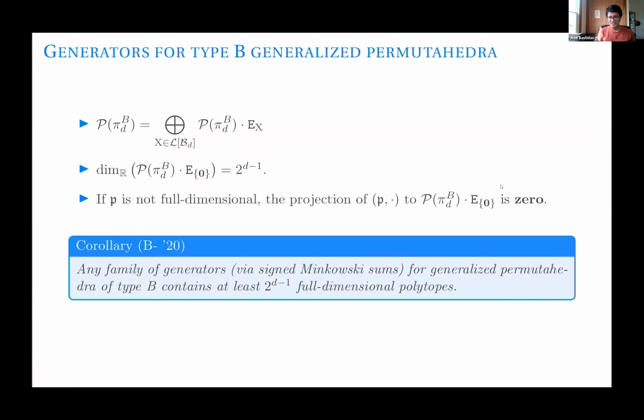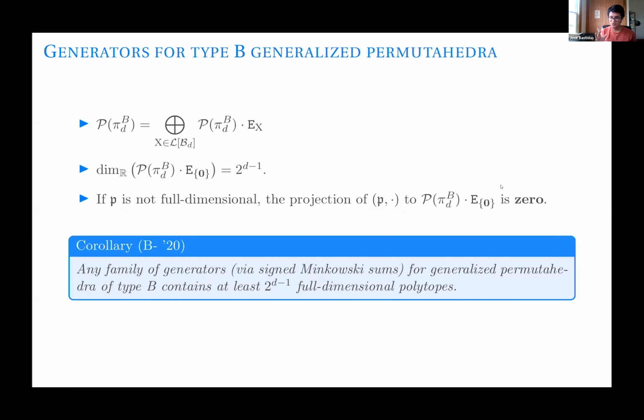And the other key thing is that if we take any pair like this, so a polytope and a point, so this is representing the difference between these two, which is just the polytope itself. If we take something like this that is not full dimensional, then the projection of this pair to this space is 0.